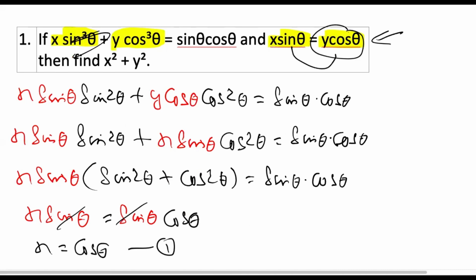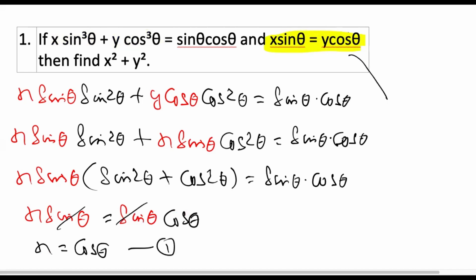Now, what next we are going to do here is, I'm going to replace the value of x in this equation. That should give us the value of y.